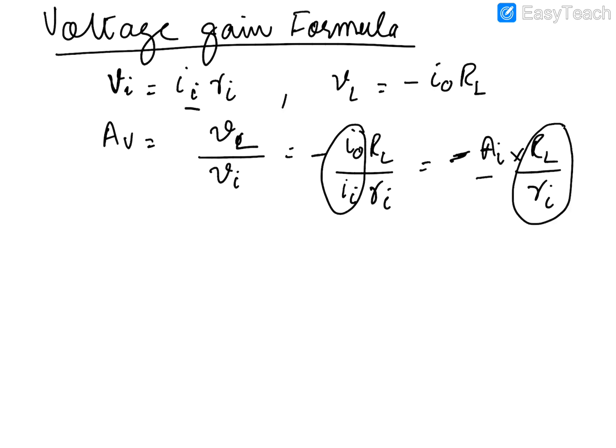Next, we will solve an example which will cover many concepts regarding basic characteristics of an amplifier. So the given amplifier has current gain of 80.